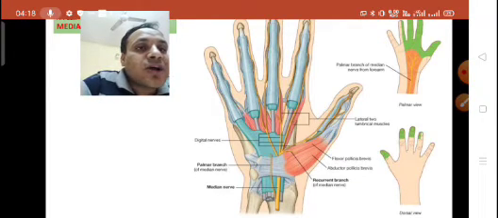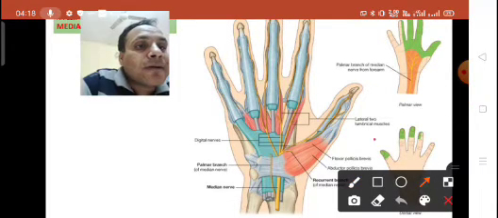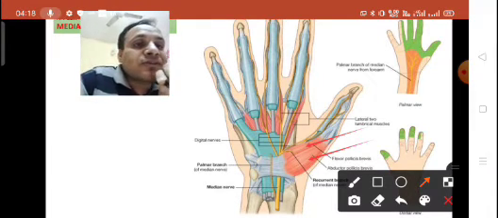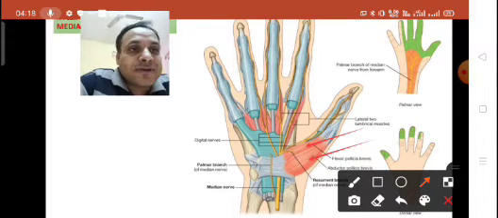So it gives a branch to the abductor pollicis brevis muscle and flexor pollicis brevis muscle, and after supplying these two muscles, this nerve runs deeply and supplies the opponens pollicis muscle. These are the muscular branches arising from the lateral division of the median nerve.